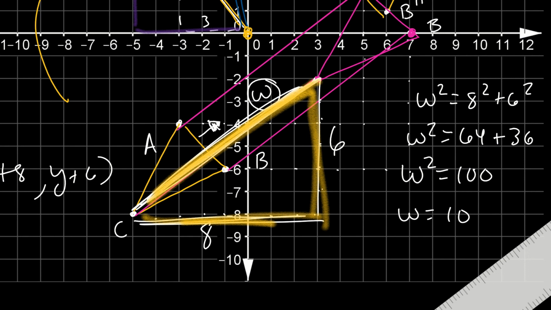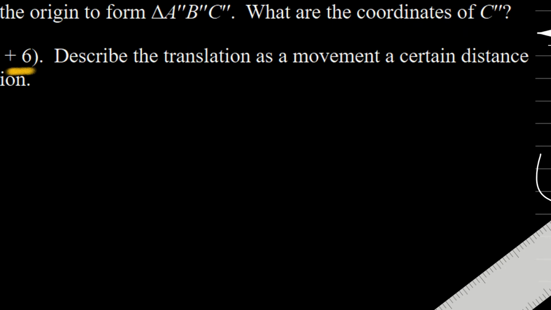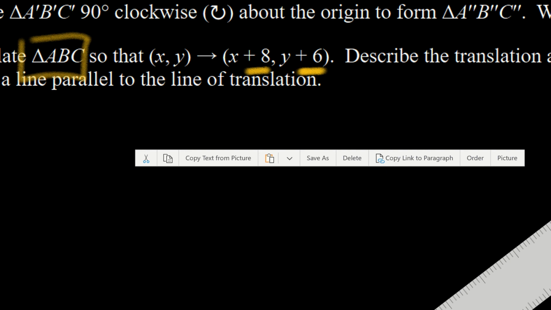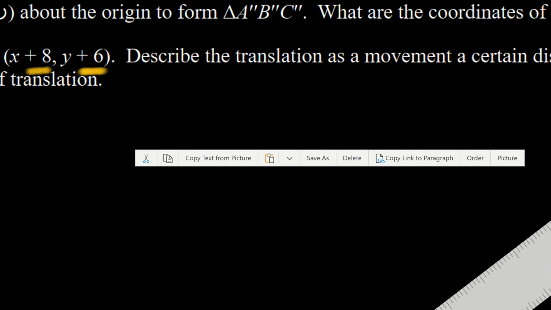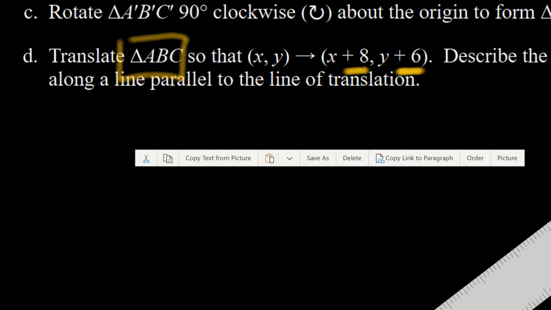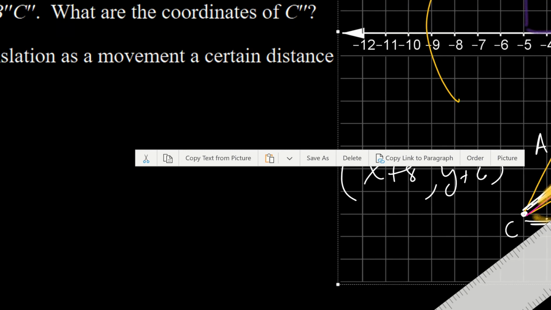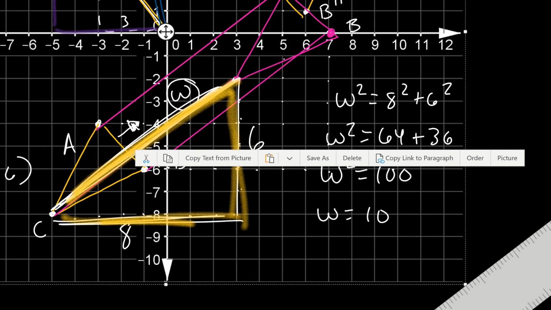What did it say? It's parallel to what line? Oh, does it say a line that goes through the origin? Along a line parallel to the line of translation. Okay, it said a line parallel to the line.